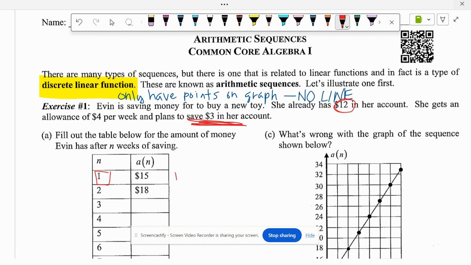That makes sense because that's 12 plus 3, right? After 2 weeks, how much money does she have? 15 plus 3 is what? 18. So what are we doing each time? We're adding 3. So let's fill out our table.